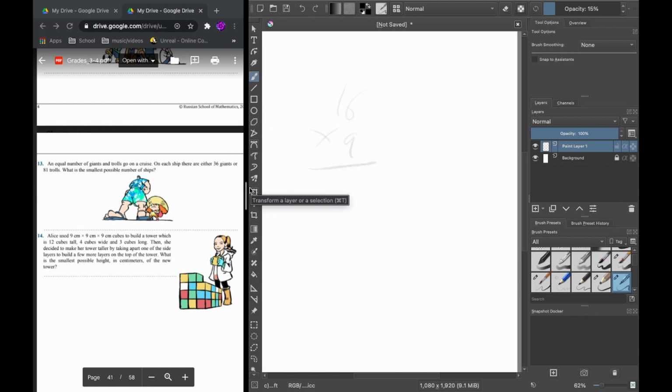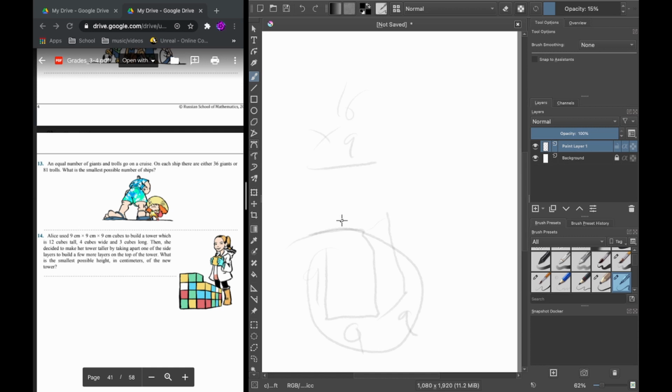Well, why are you even multiplying? That is because if you remember the question, 1 cube is 9 by 9 by 9. So the height of this is 9.